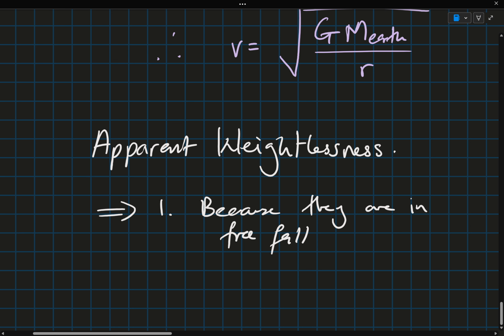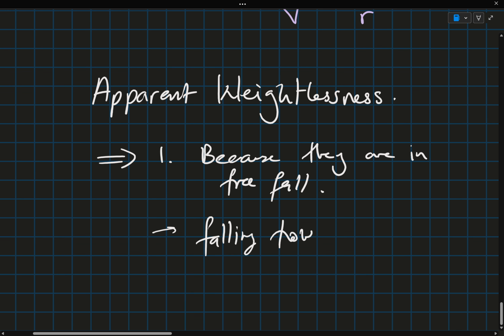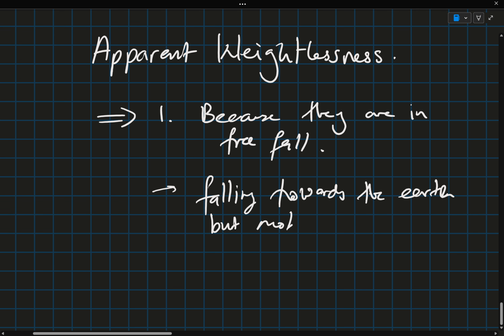They're falling towards the Earth, but never hitting due to a tangential speed, right? They're falling towards the Earth, right? But not hitting the Earth, due to tangential speed.